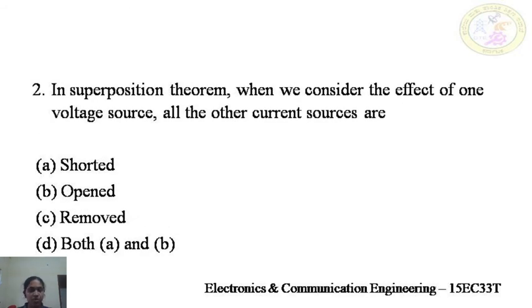Second question, in superposition theorem, when we consider the effect of one voltage source, all the other current sources are option A shorted, option B opened, option C removed and option D both A and B. And the answer is option B opened.